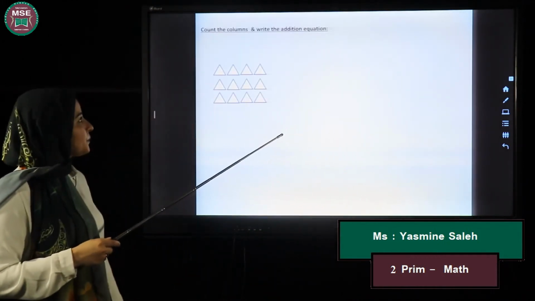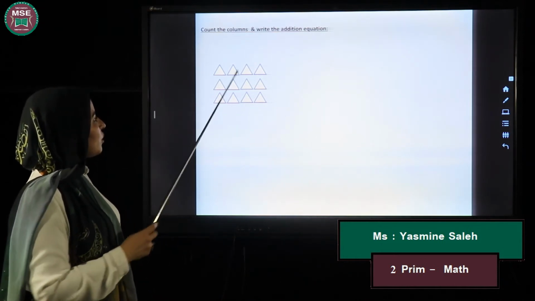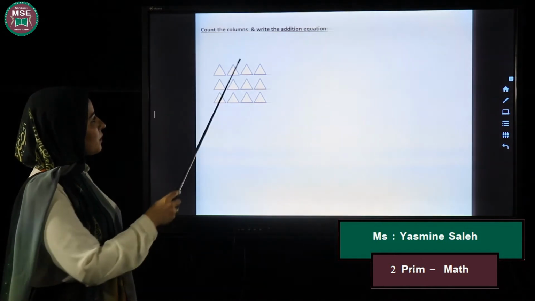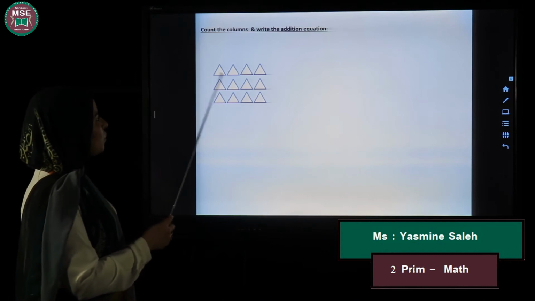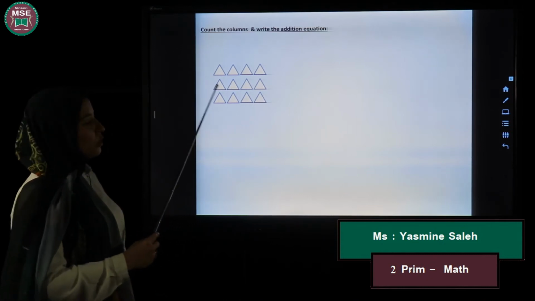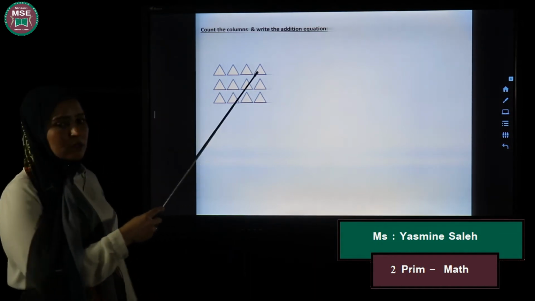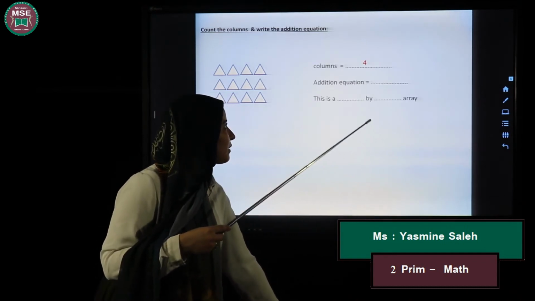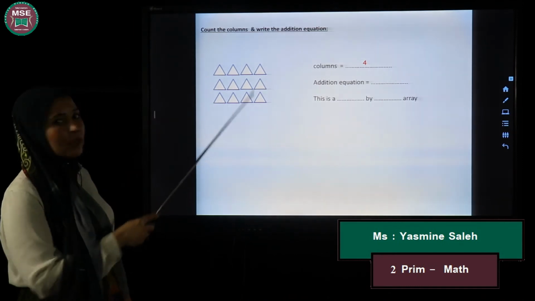Okay. Now we will talk about the array. I have an array of 4 columns, 1, 2, 3, 4. So I have 4 columns, and I have 1, 2, and 3 rows. We count the columns from left to right, and the rows from up to down. So here I have how many columns? They are 4. 1, 2, 3, and 4.